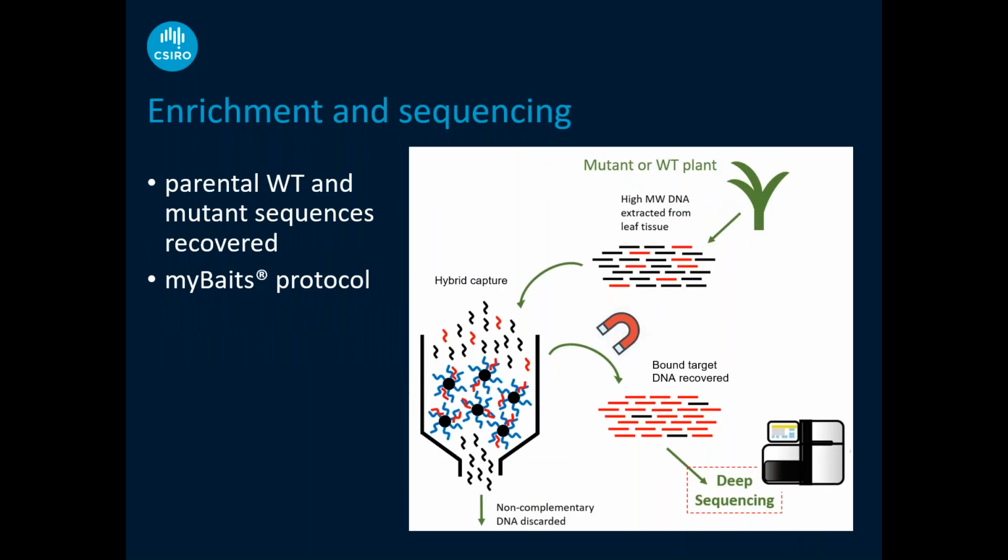Both the wild type and mutant sequences are recovered. Using the myBaits protocol, the high molecular weight DNA is extracted from leaf tissue, hybrid capture is performed, and then that enriched DNA is recovered and deep sequenced.